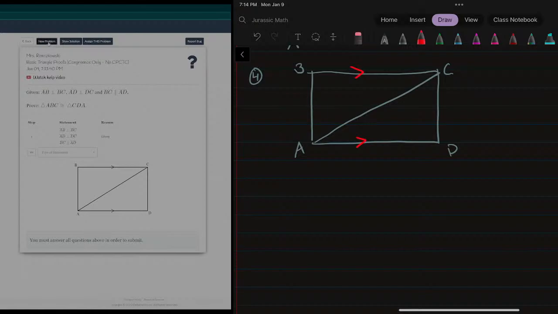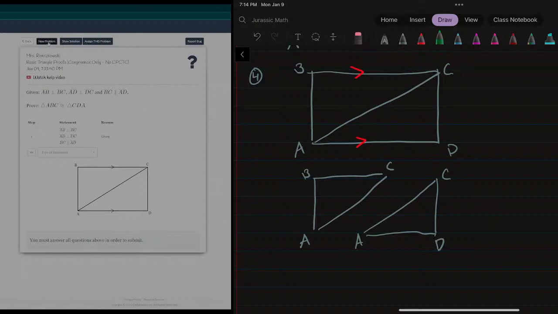So now we have to find how ABC is congruent with CDA. Something I'm going to do is separate this into the two different pictures. And you will notice that both pictures share AC in common.